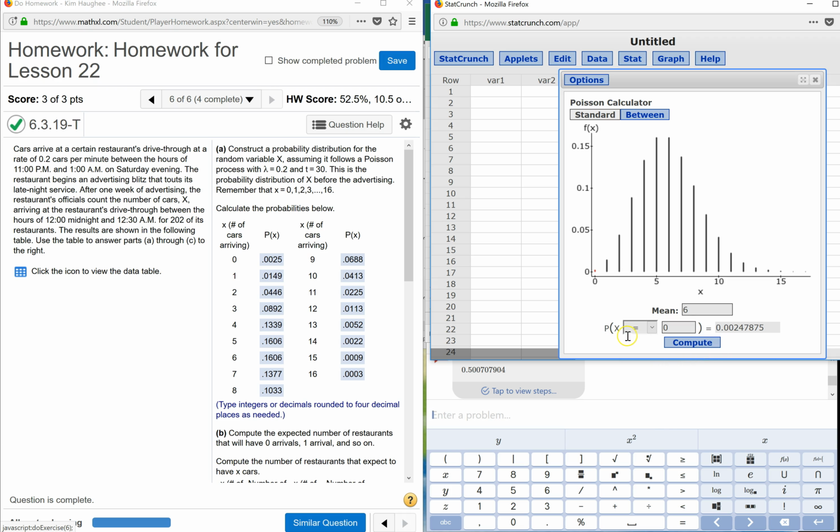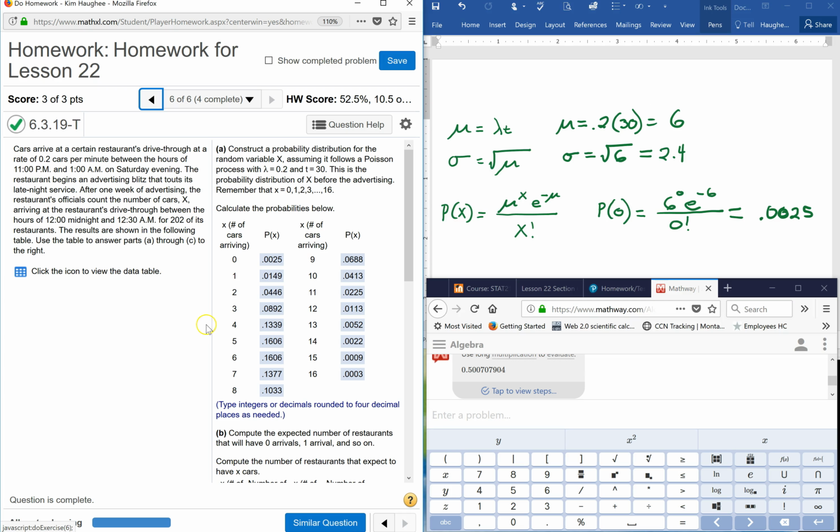So you can see this x value of 0 has a probability of 0.0025, which is exactly what I had in the table. Similarly, if I change this to an x value of 1, I have a probability of 0.0149. Now that I have the table filled in with all of the probabilities, I'm ready to move on to question B.